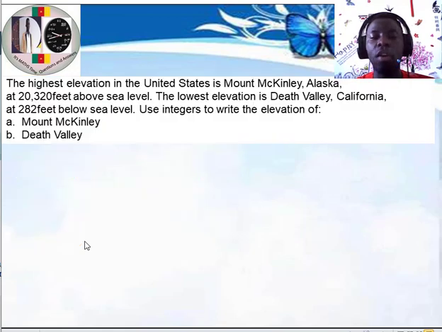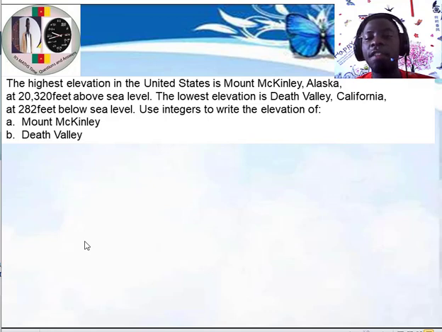So we can also solve a whole lot of situations using a number line. For instance, let's handle the question on the board. The highest elevation in the United States is Mount McKinley, Alaska, at 20,320 feet above sea level.